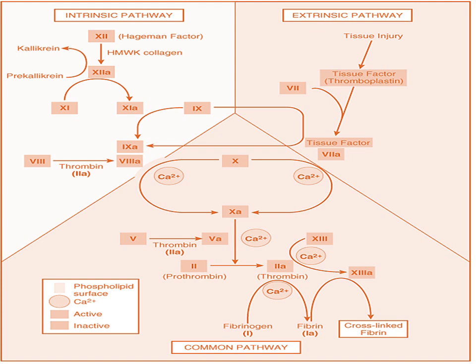Factor 7 is also activated by thrombin and a few other factors like factor 9, factor 10 and factor 12. Once the tissue factor and factor 7 complex is formed, it is immediately inhibited by the tissue factor pathway inhibitors, factor 10 and its cofactor.